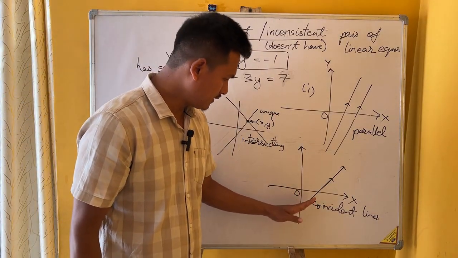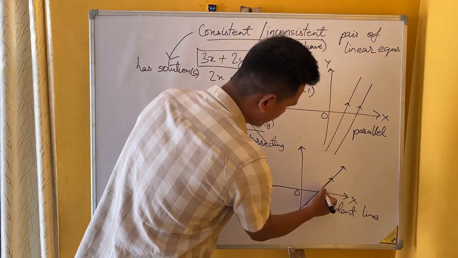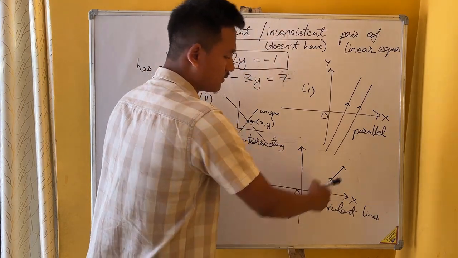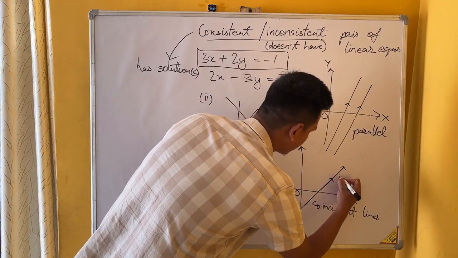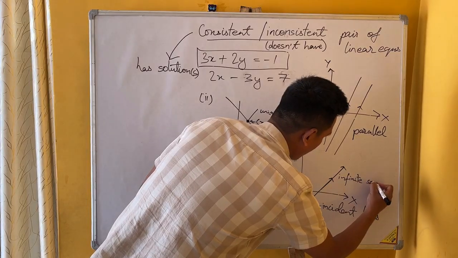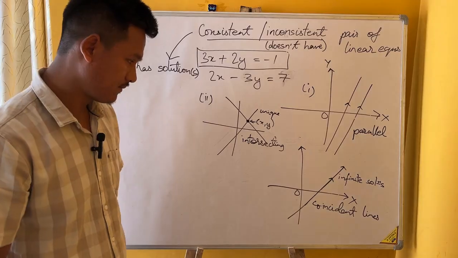Since the two lines are on top of each other, there is not just one point, there are infinite points coinciding with both the lines. So we have infinite solutions.